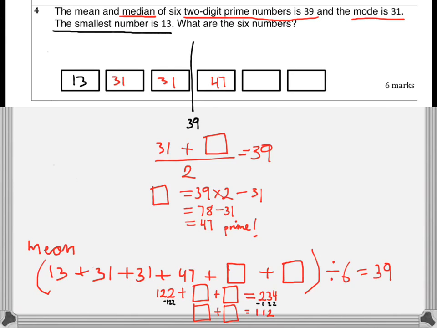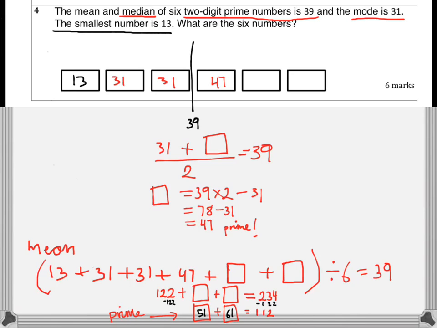Now these two numbers, they could be any numbers, right? Well, not really, because those two numbers have to be 2 digits and they have to be prime numbers. So I have to think about what are other prime numbers larger than 47. What's the next prime number after 47? Well, it is going to be a 51.